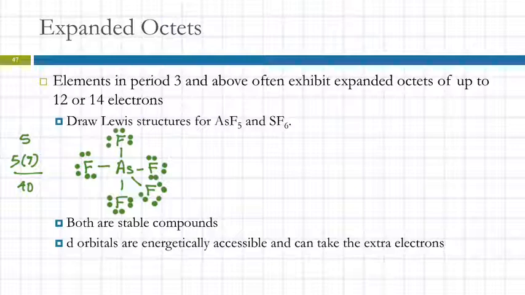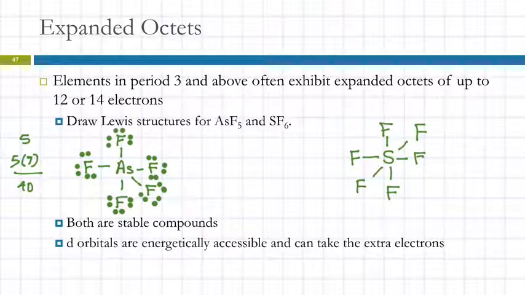Let's do sulfur hexafluoride. Sulfur in the middle. There's 4. We just kind of have to squeeze the other 2 in. So we've got 6 from the sulfur, and we've got 6 times 7, 42, 48. I'm going to make that a little smaller. These aren't fitting very well.